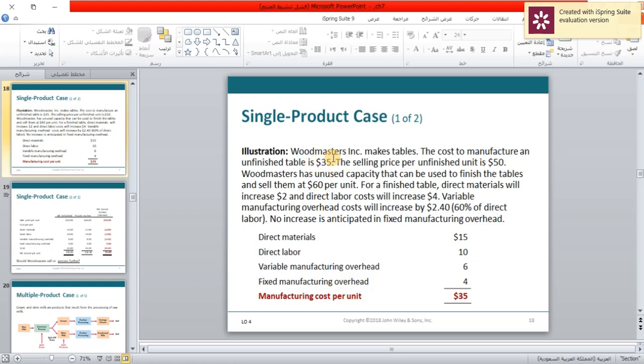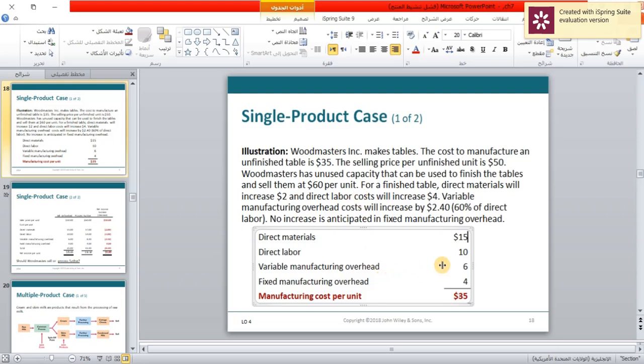The current cost is $35 manufacturing cost per unit. If we complete the process of the tables, to finish the table, direct material will increase $2.